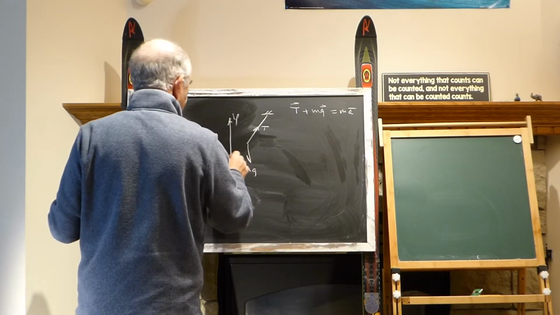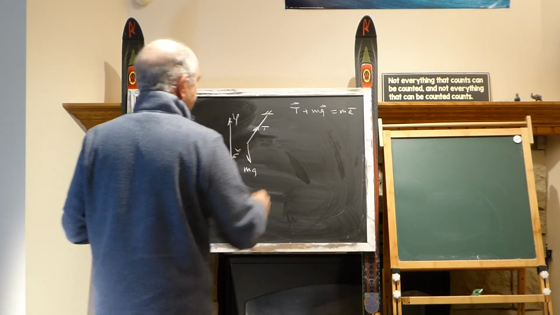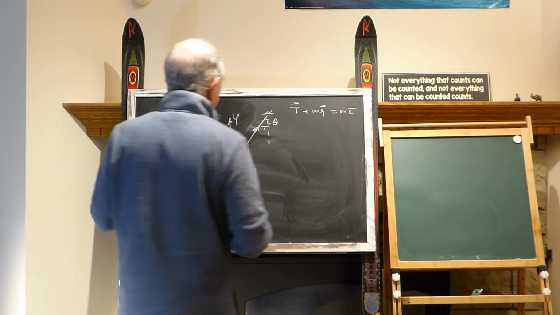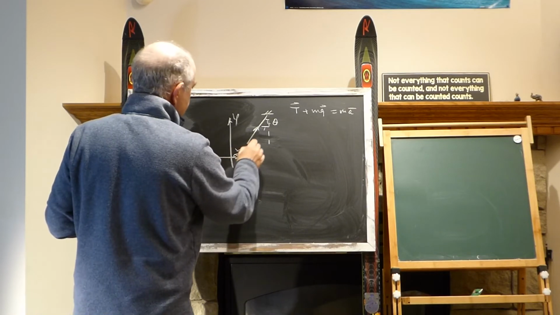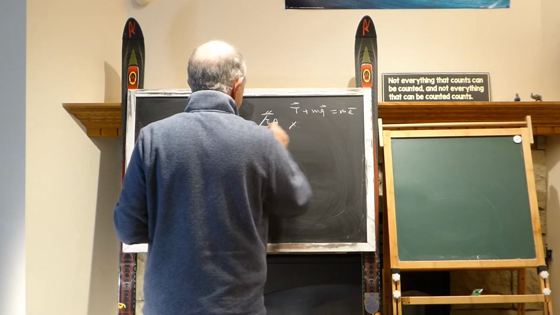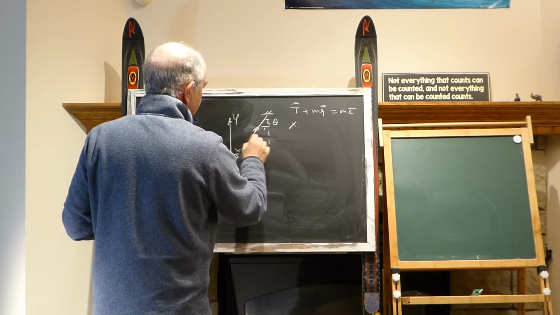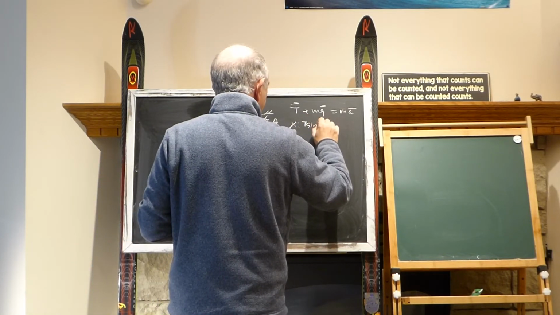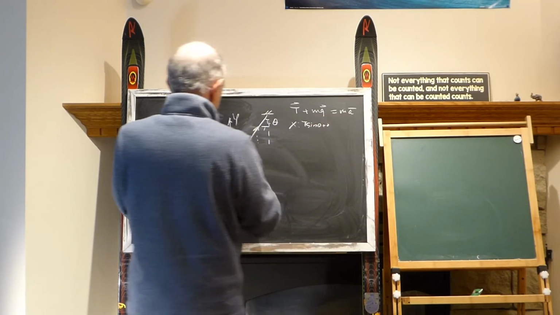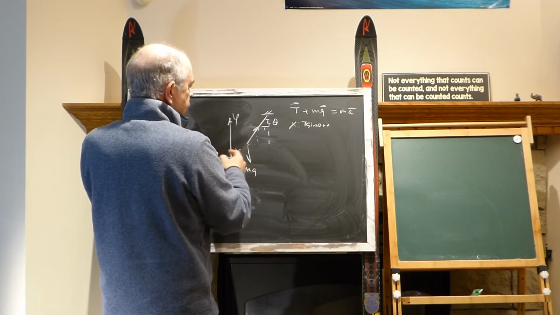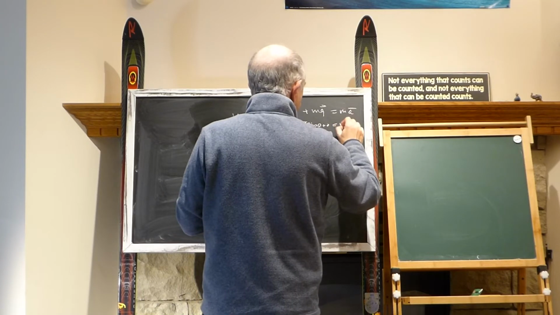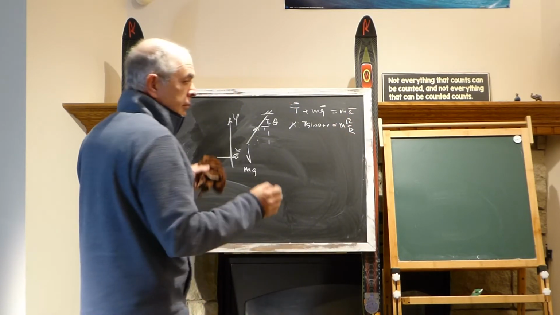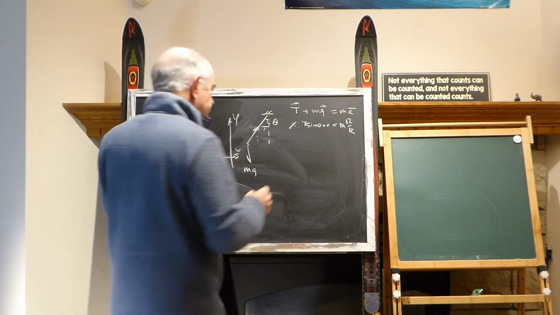Y, x, alpha or theta, and then we're looking at this system and we say that along x, T sine theta plus 0, because mg is directed this way, no effect, equals ma, and ma is mv squared over r. Don't ask me why, trust me.